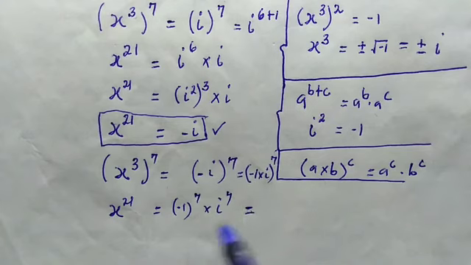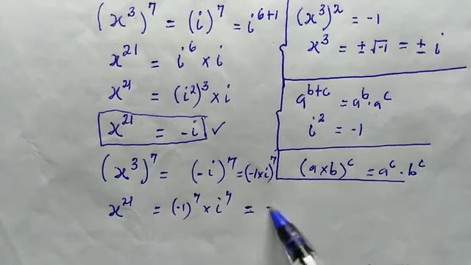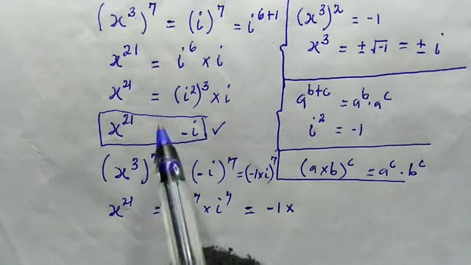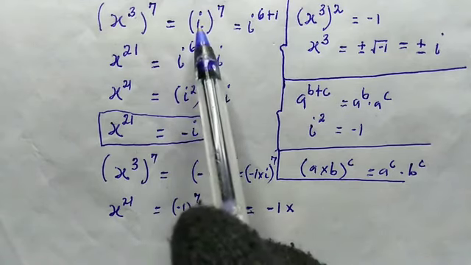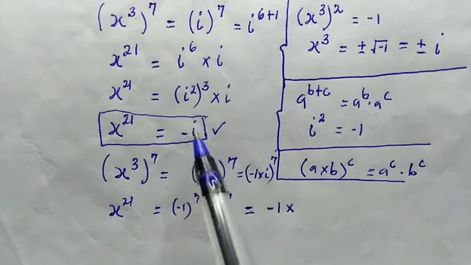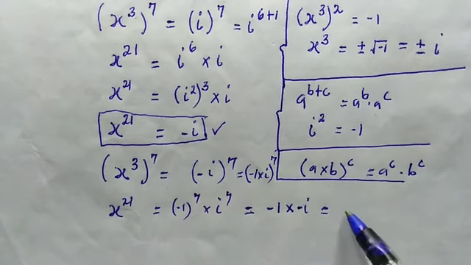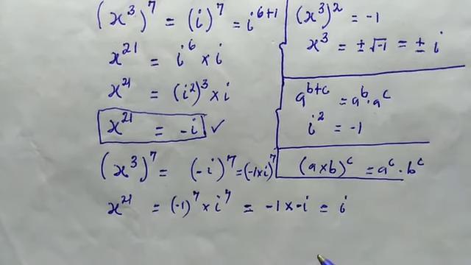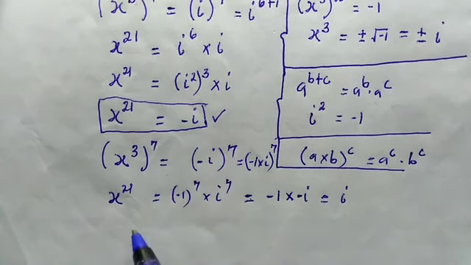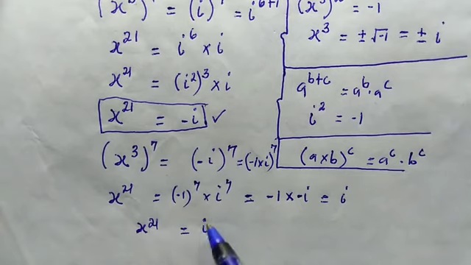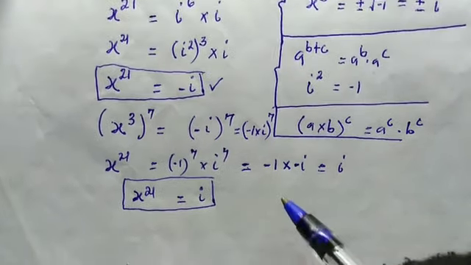So from here, negative 1 to the power of 7, since 7 is odd, is negative 1 multiplied by i to the power of 7, which is negative i, since we simplified i to the power of 7 as negative i. So here we have a negative i. And from here, we just have positive i, right? So from here, we have again, x to the power of 21 is also equal to i. We have the second solution from here.